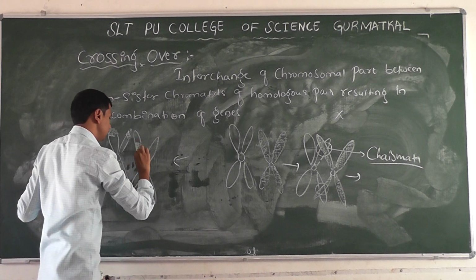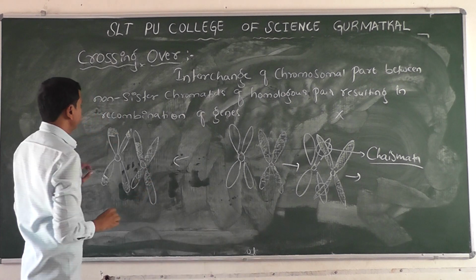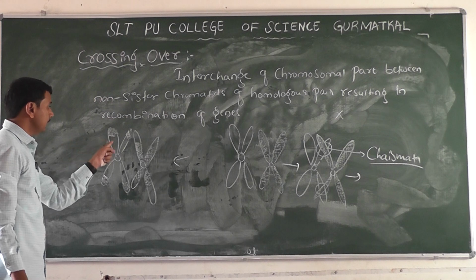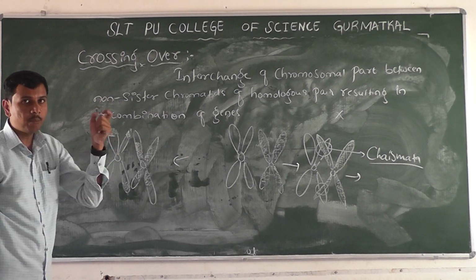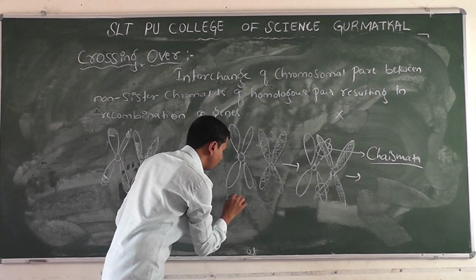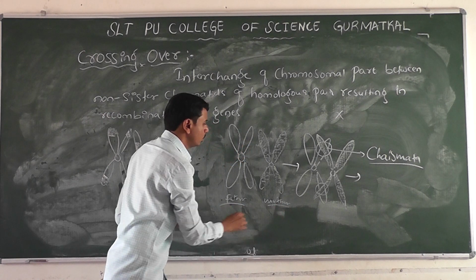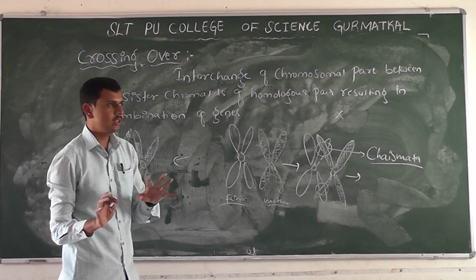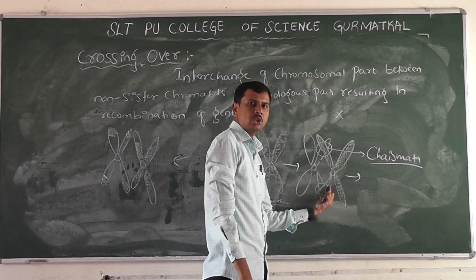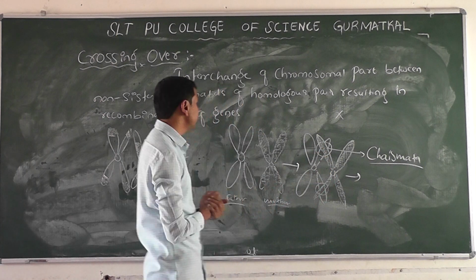The structure of the chromosome will be like this because it contains some amount of genetic material from the other one. Consider this one as the father chromosome and this one as the mother chromosome. Both form a chiasmatic structure, and at this region they start to exchange their genetic material.